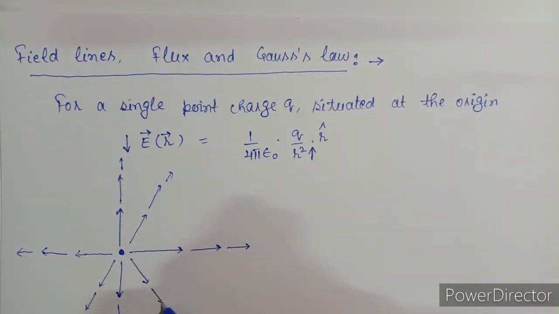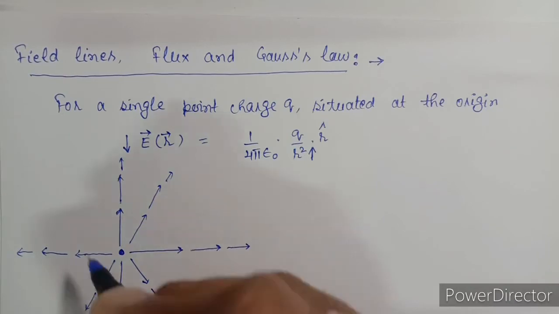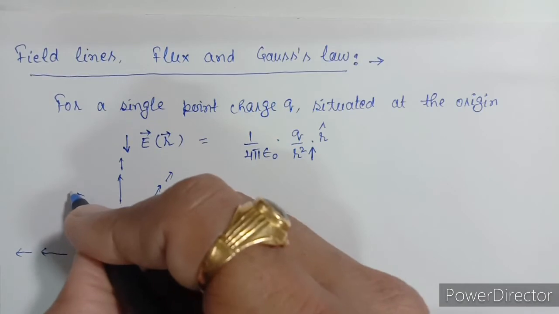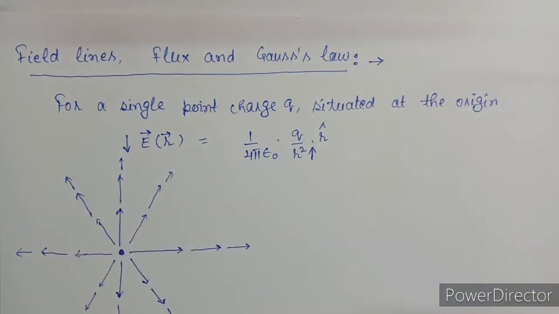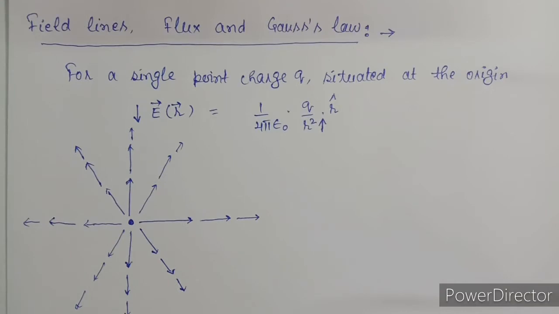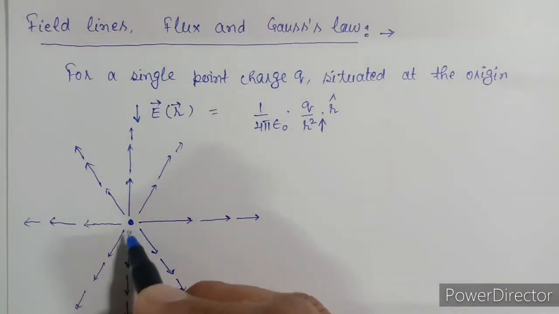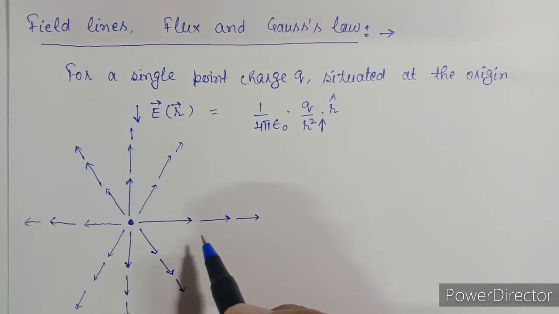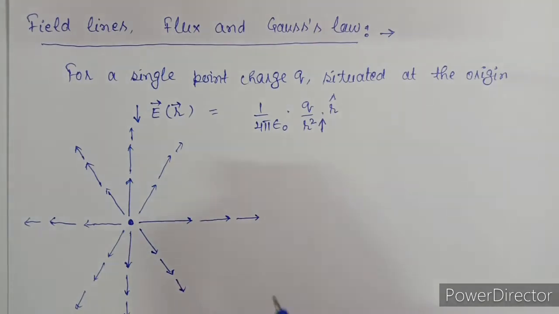So the first point shows that as we move away from the charge, the electric field goes on decreasing. And the second point here is that the direction of the electric field is away from the charge, that is, it points radially outward.